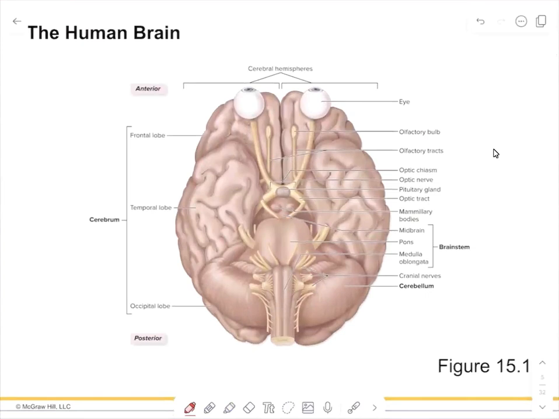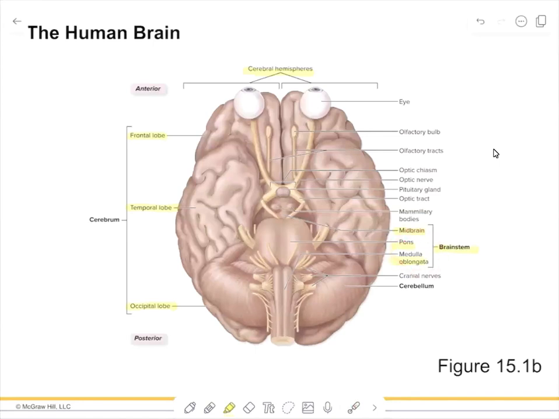When we look at an inferior view of the brain, we can see the cerebral hemispheres. So there's a right brain and a left brain. The cerebrum includes the major lobes like the frontal lobe, temporal lobe, and occipital lobe, and the parietal lobe, which you actually can't see on this diagram. It's important for you to know the parts of the brainstem: the midbrain, the pons, and the medulla.